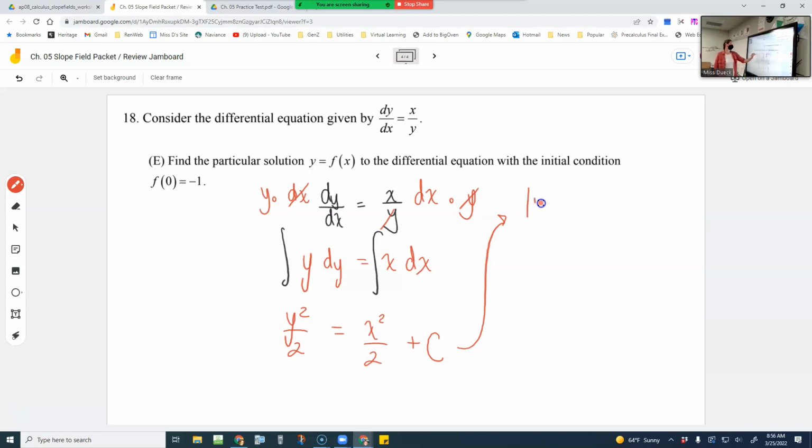And technically I'd have absolute value of y is equal to the square root of 2x squared plus c, the big fat square root.